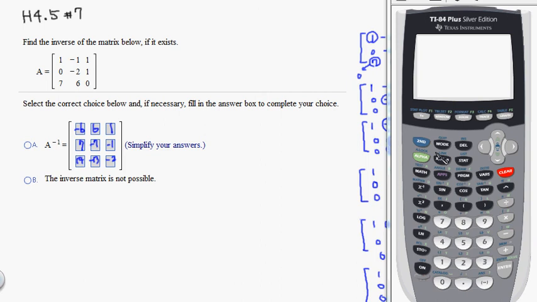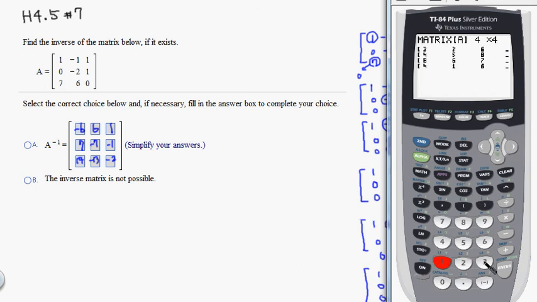Okay, let's use a calculator just to make sure we got the right numbers. So we go to matrix. Oh, actually, not that one, sorry, I have to edit that one. So go to matrix, and edit.